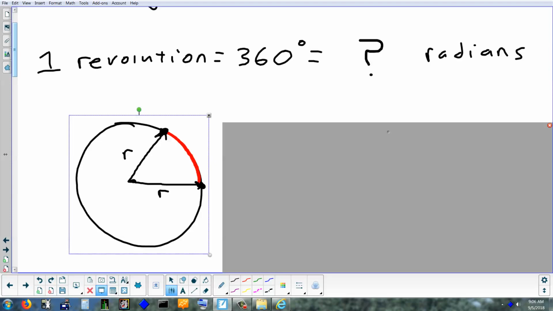Well, what happens is if you draw that angle just right, so that that arc in red is exactly the same length as the radius, you've just drawn a picture of 1 radian. So if you took a piece of string, measured the radius, and then that piece of string was exactly the same as that red arc, then you have a picture of exactly 1 radian.